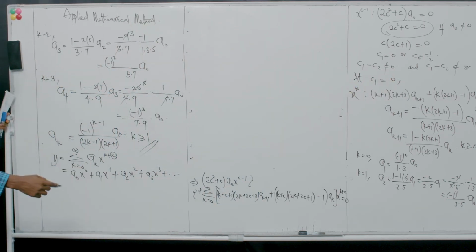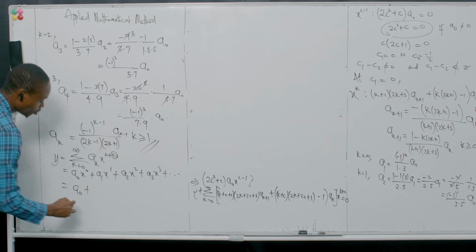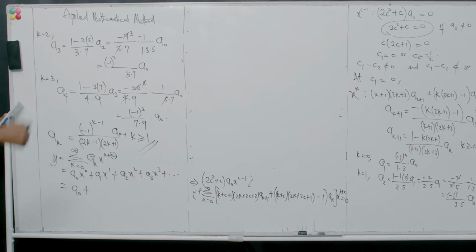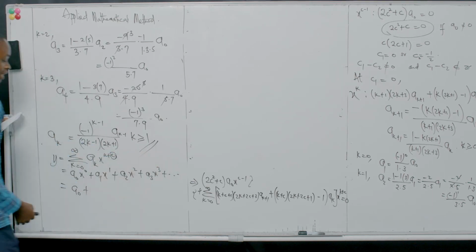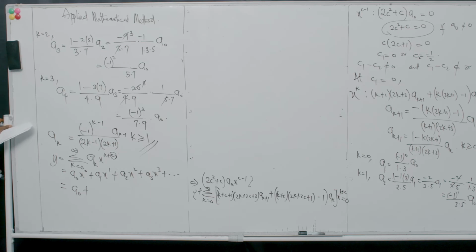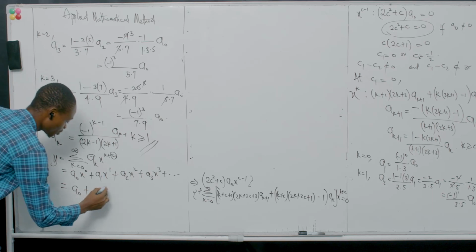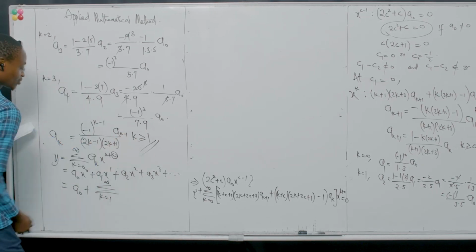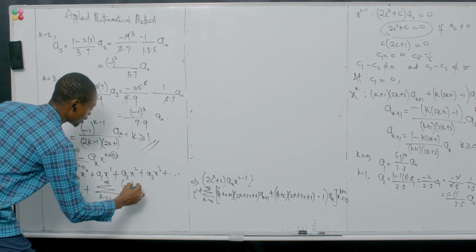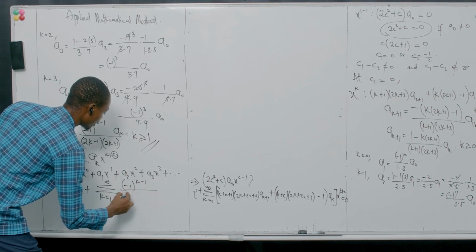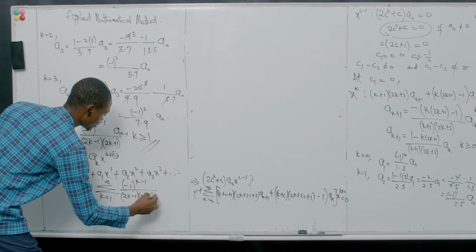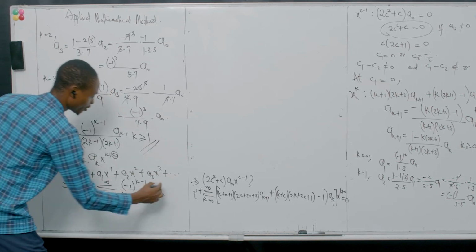So by the time we now put that in here, we now have a naught plus a1 is that guy, a2 is that guy. Now, instead of writing all this sequence, I can now replace it in general by this term. I will now say plus summation k starting from 1 to infinity, because that's the counter, minus 1 raised to power k minus 1 divided by 2k minus 1, 2k plus 1, x raised to power what? k.